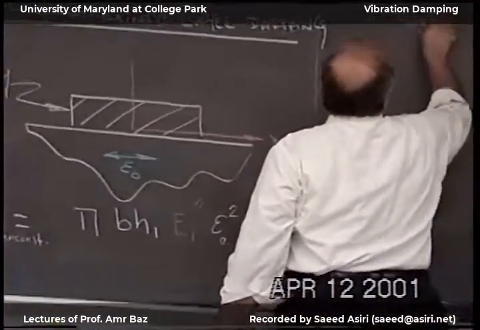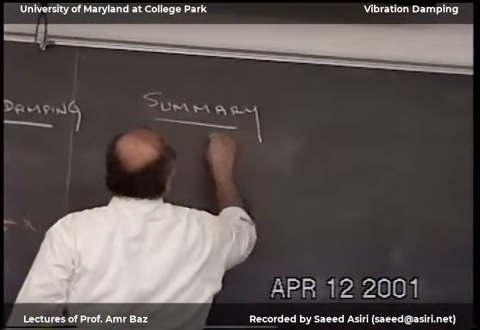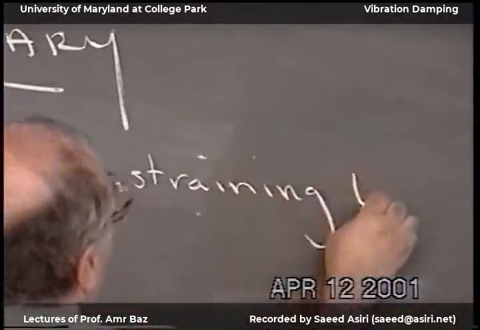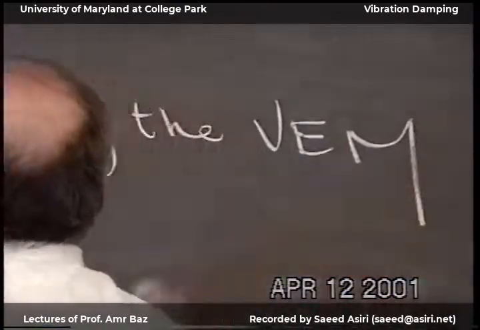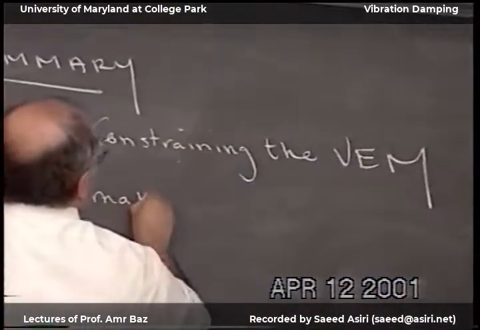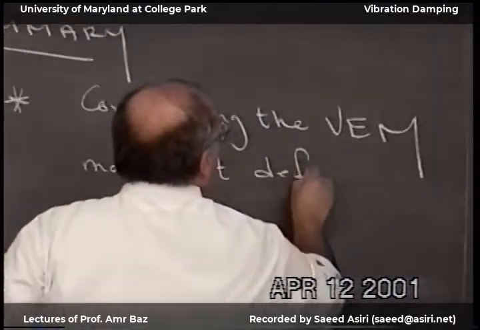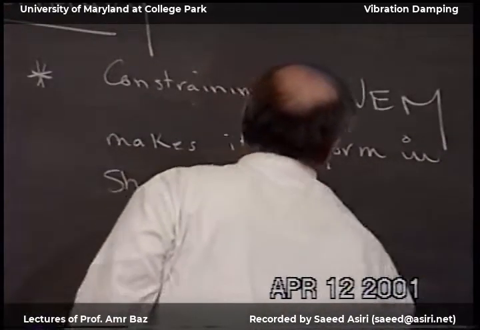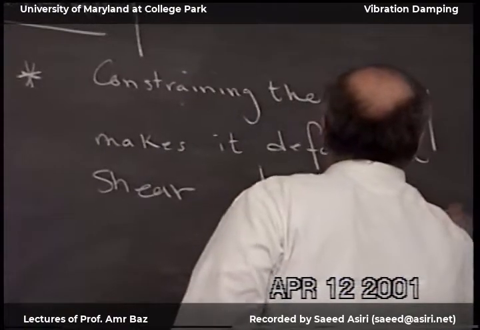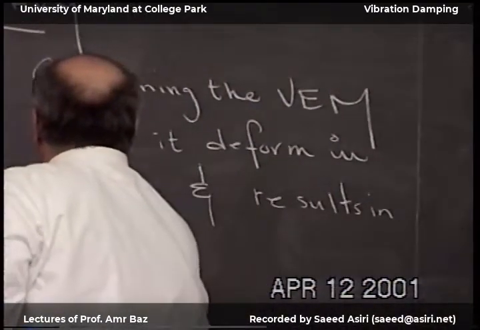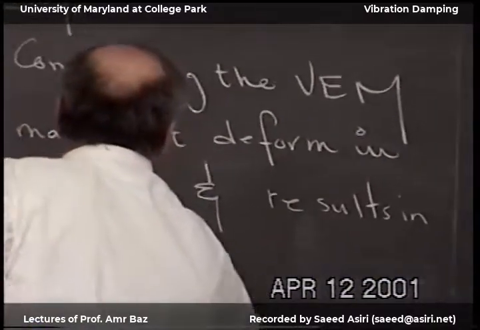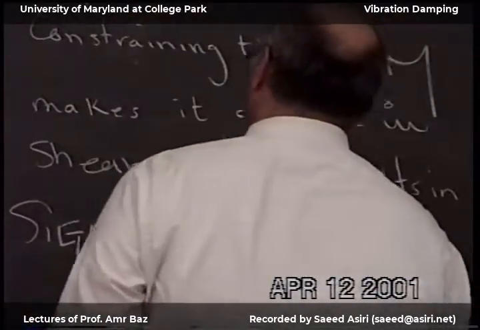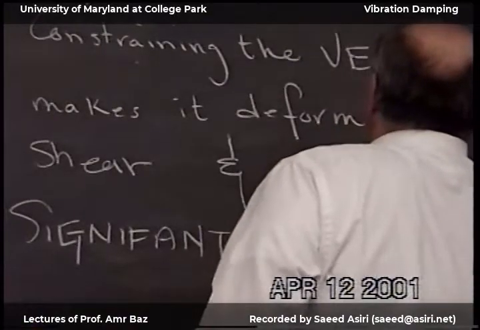So the summary of all this: constraining the viscoelastic material makes it deform in shear and results in significantly high energy dissipation characteristic.